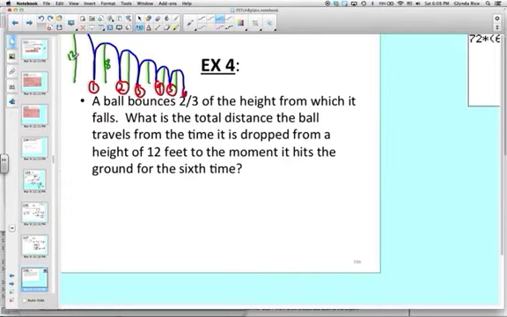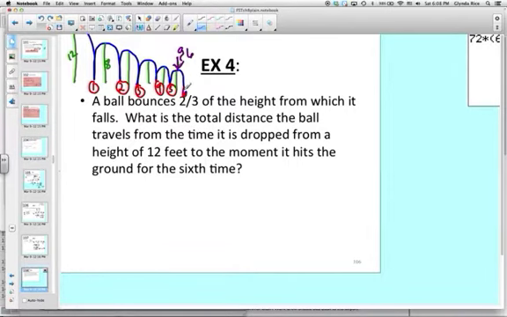If you count this as G sub 1, then it hits 2, then 2, 3, then 3, 4, then 4, 5, then 5. So this is G sub 6. That's your 6th term. 1st term, 2nd term, 3rd term, 4th term, 5th term, 6th term.